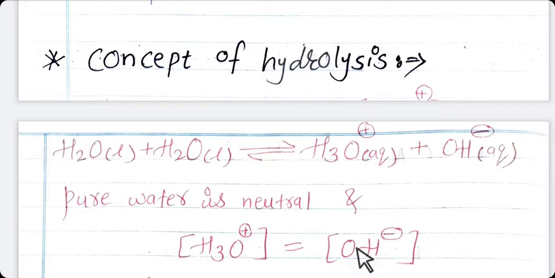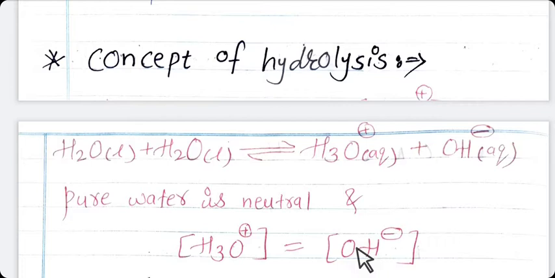When one or more salt ions react with water, the equality of concentration of hydronium ion and hydroxyl ion is disturbed. So the solution does not remain neutral. Always remember, student, if the ions of a salt do not react with water, the solution is neutral.